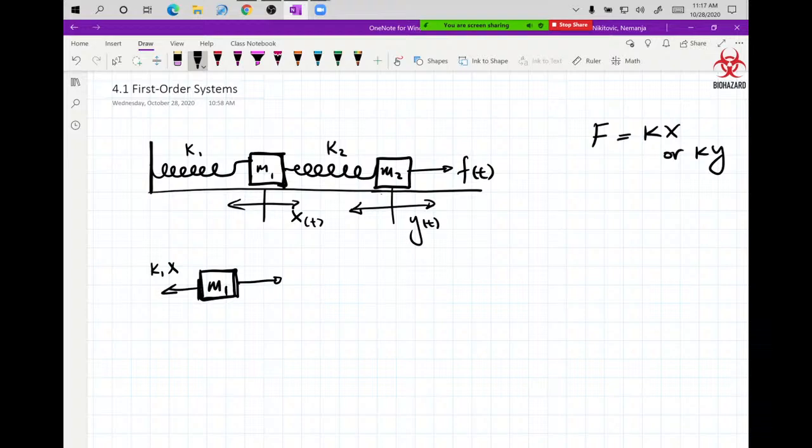Now, on the right-hand side, what you have is k2 times the difference in displacement of y and x. And that should be common sense, because the force of k2 is again k2 times the displacement, and the displacement is the difference between the movement of M1 and M2.